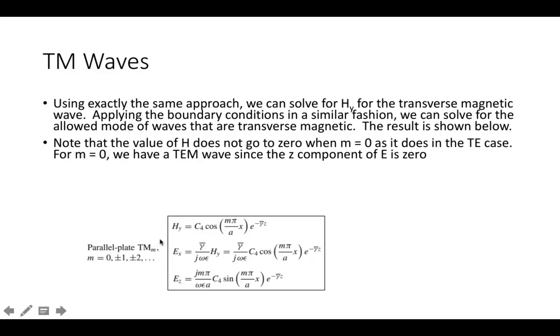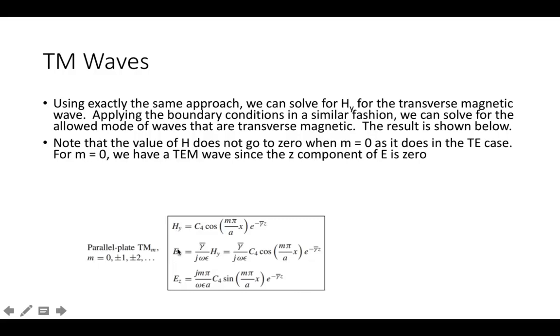The only interesting thing is, because of the way the boundary conditions get applied and because of the constants, we end up with a cosine function for H instead of a sine function. And so what happens there is we can actually have an M equals 0. That won't result in a 0 H field or a 0 E field. It'll just result in a constant E field and H field.